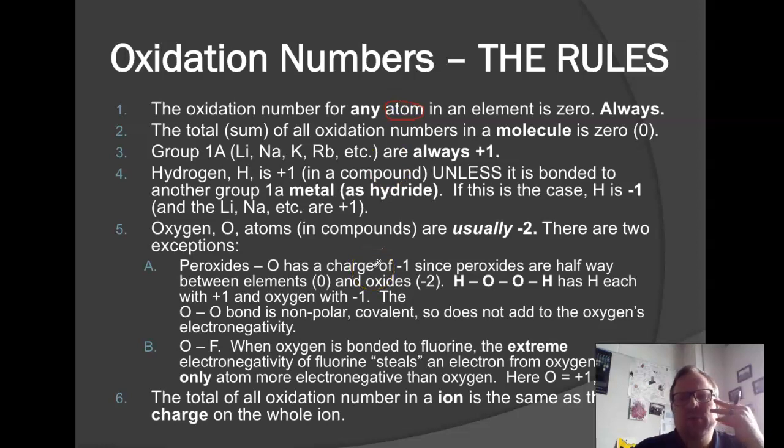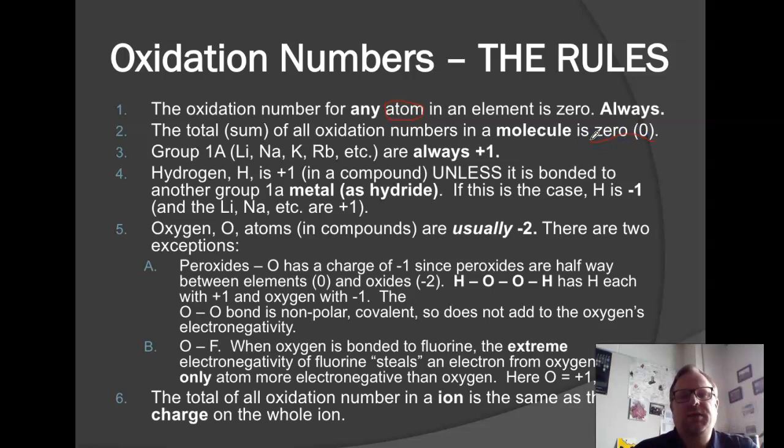So if it's existing by itself outside of a compound, in its elemental form, its oxidation number is 0, always, no questions asked. The second thing we need to bear in mind is that the total sum of all oxidation numbers in a molecule equals 0.